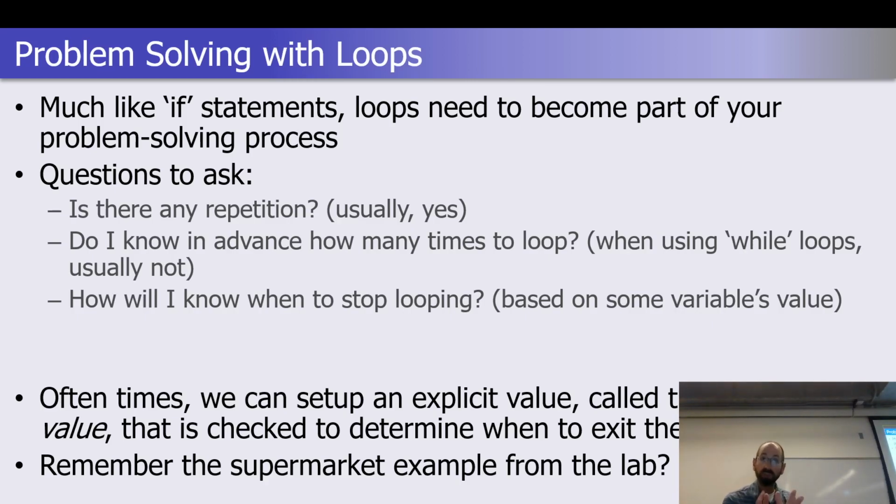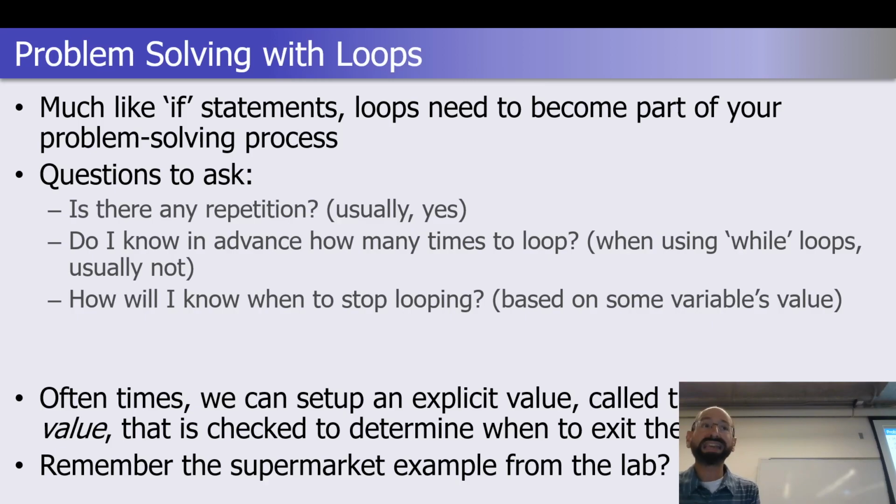It's always going to be based on some variable's value. Sometimes it's a quantifiable value, where we know that when this value, max or sum or iteration count, is greater than 293, then we're going to stop our looping. Other times it's not so clear. It's, well, when the user types in quit, then I want to stop looping.